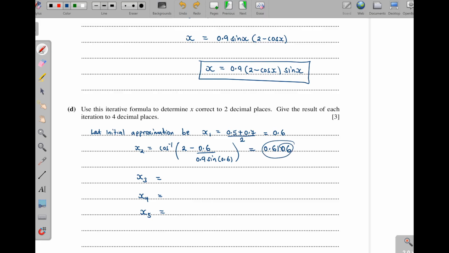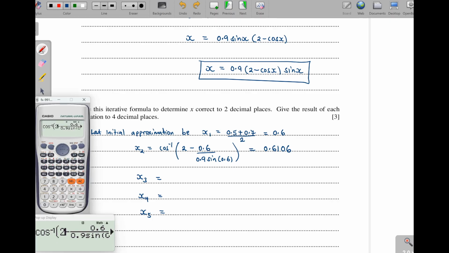So let's put this one here, where there is 0.6. You don't go to your calculator and put answer. You put this rounded figure, because sometimes that one fails, many times actually. So I'll come back to this and put 0.6106.